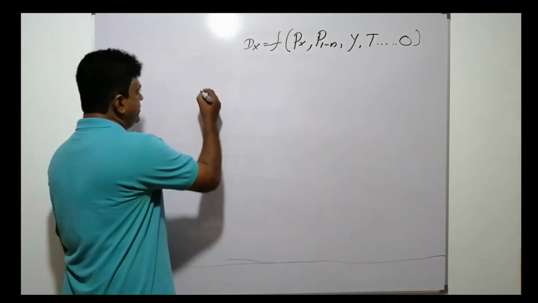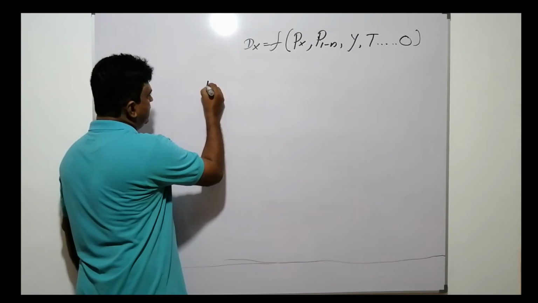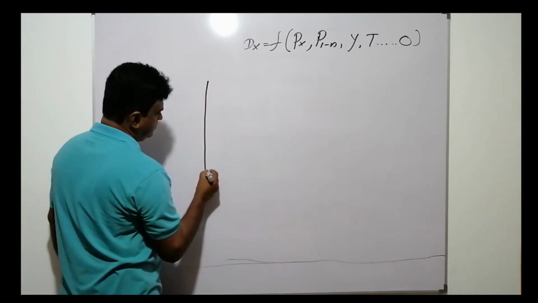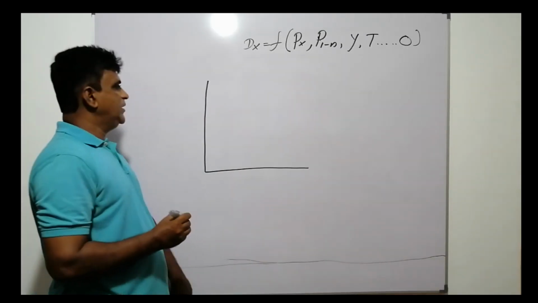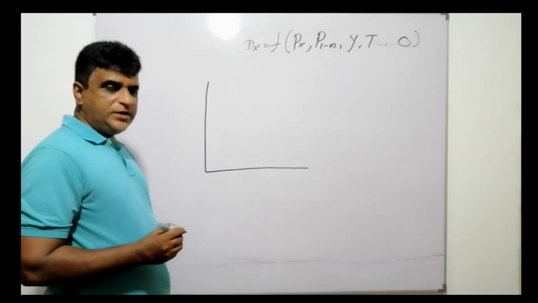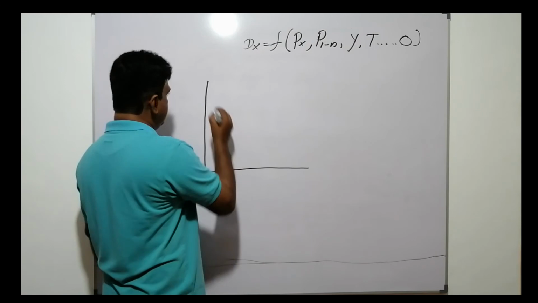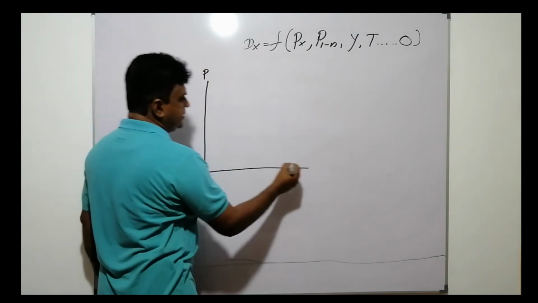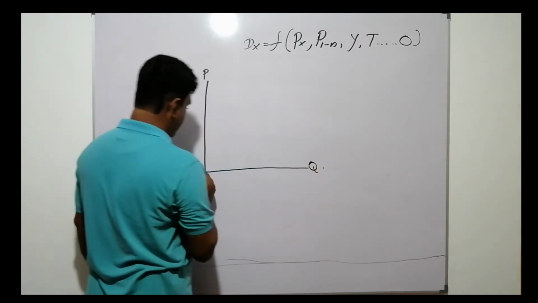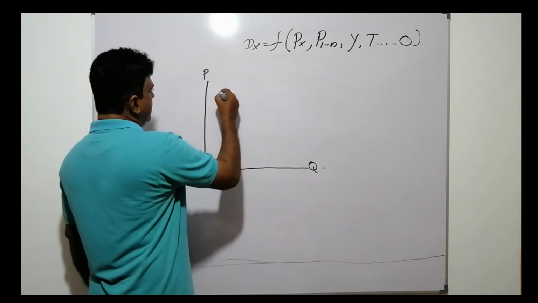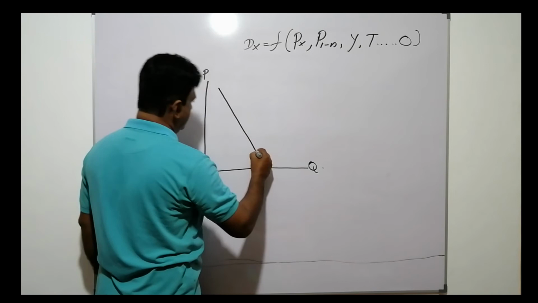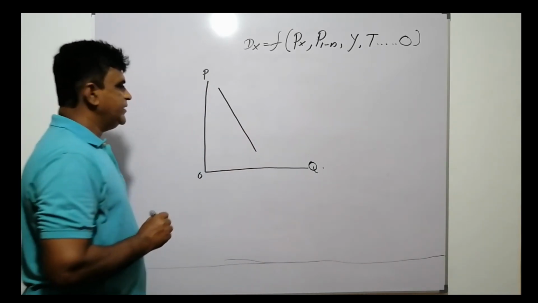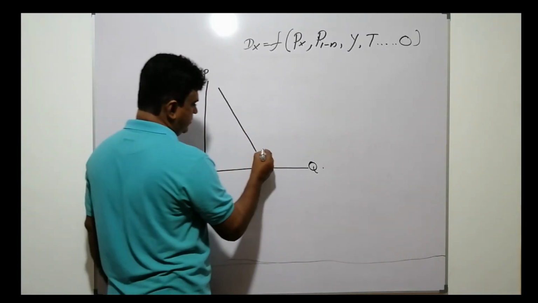I draw the demand curve of X product, commodity X, right? Price, quantity, and the demand curve. This is the demand curve.